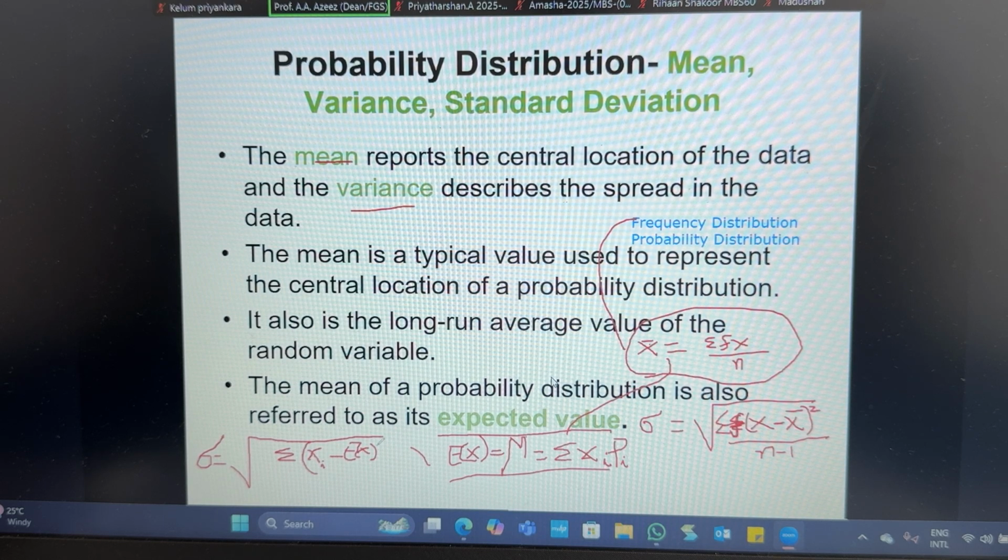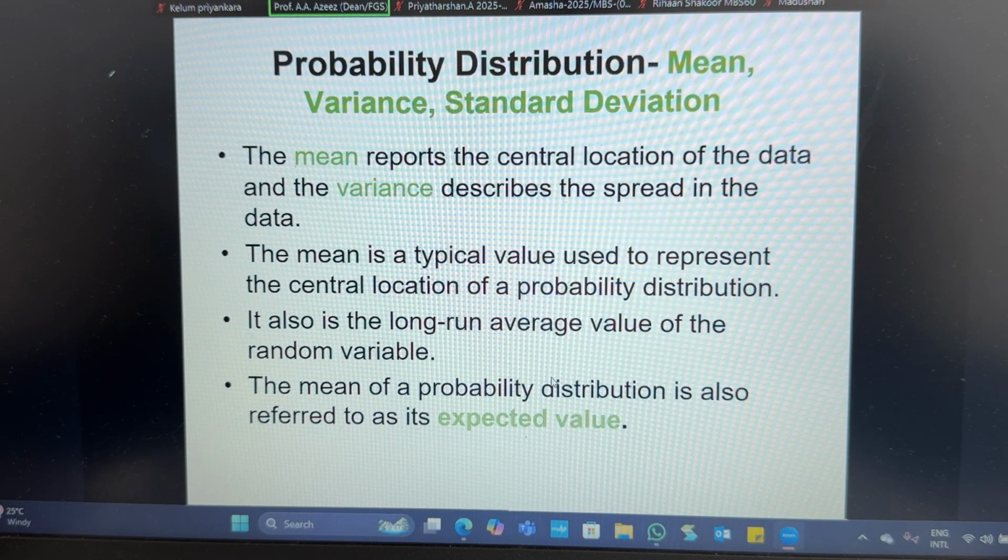You multiply, but you are not dividing by n minus 1 like before. This is the formula we use to calculate the standard deviation of a probability distribution. I think we might have discussed this. Now we will see how to calculate it.